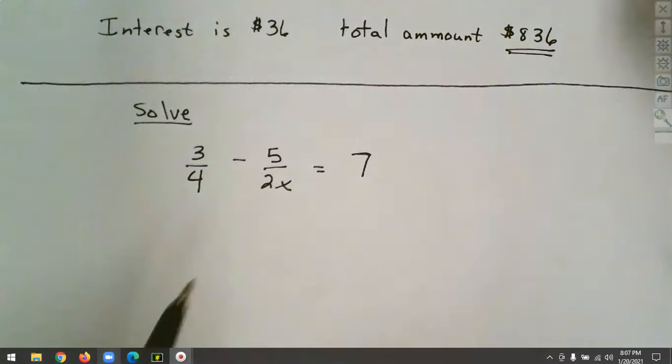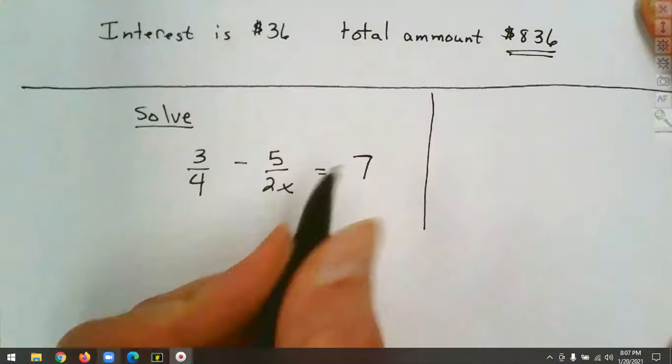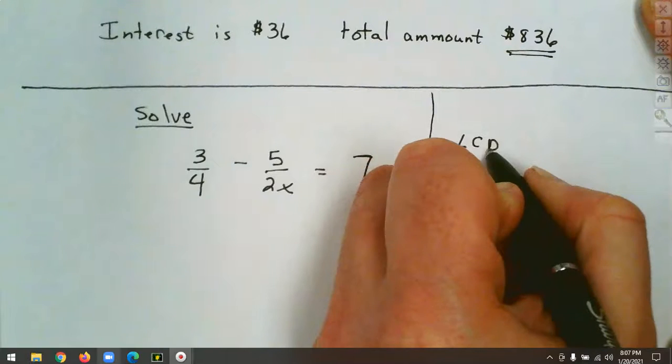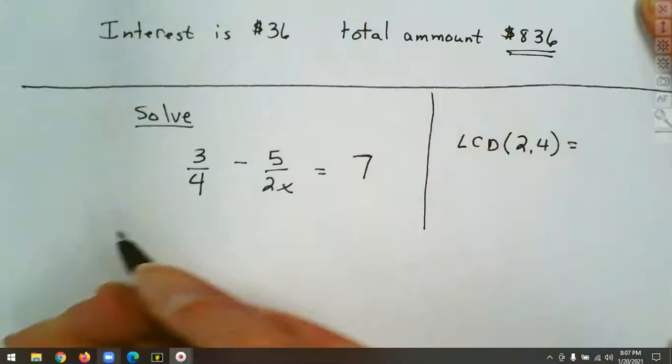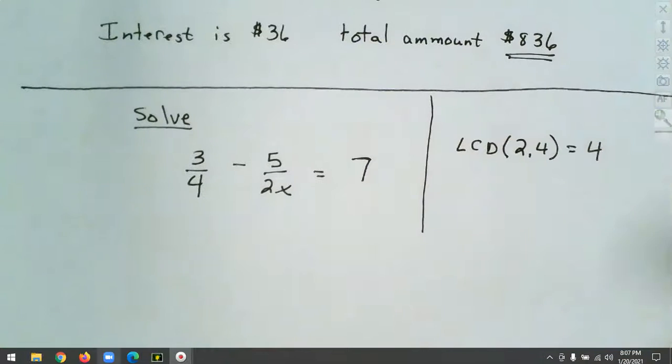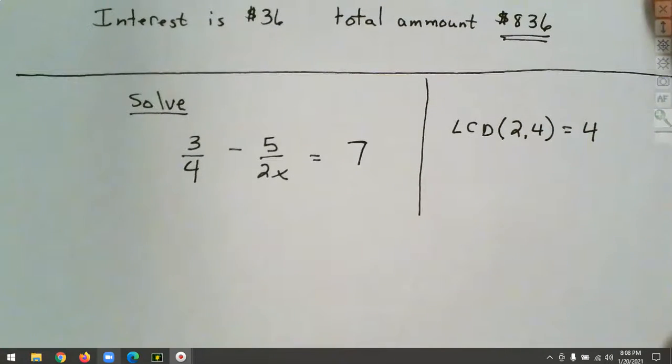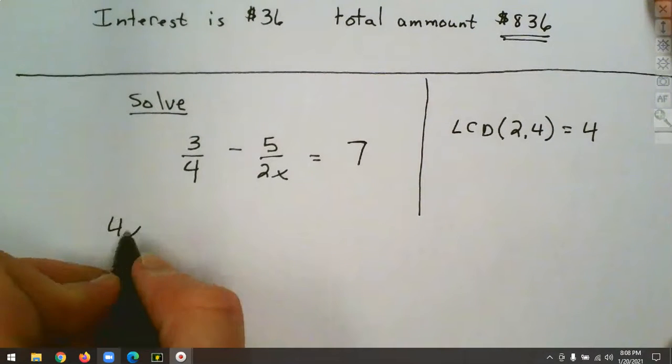Well, when we look at this, what's our least common denominator again? I made this one easy. The least common denominator of 2 and 4 is going to be what? 4, right? Because 4 goes into itself one time, and 4 goes into 2 twice. Instead of just multiplying it by 4, we're going to multiply it all by 4x.